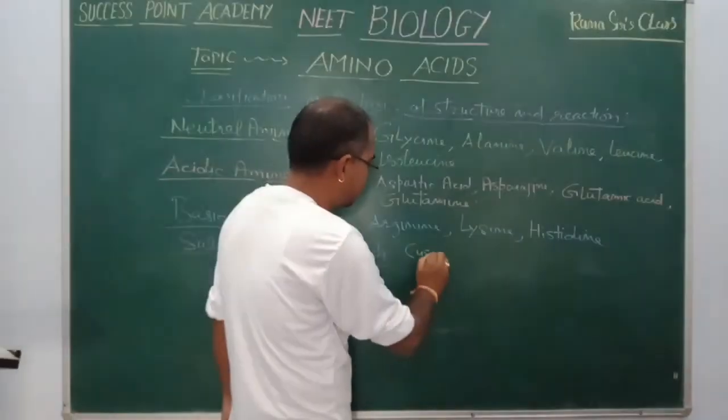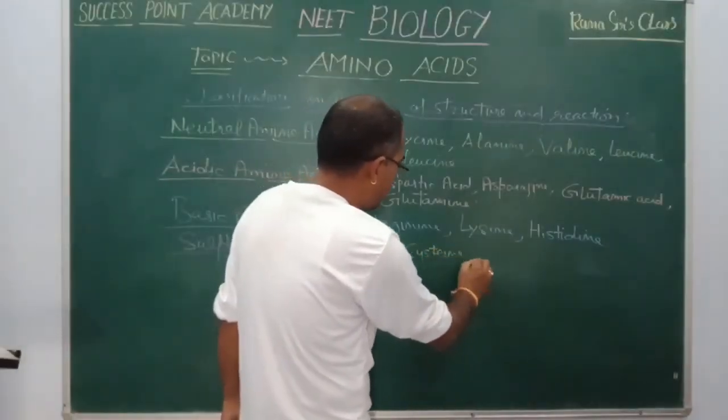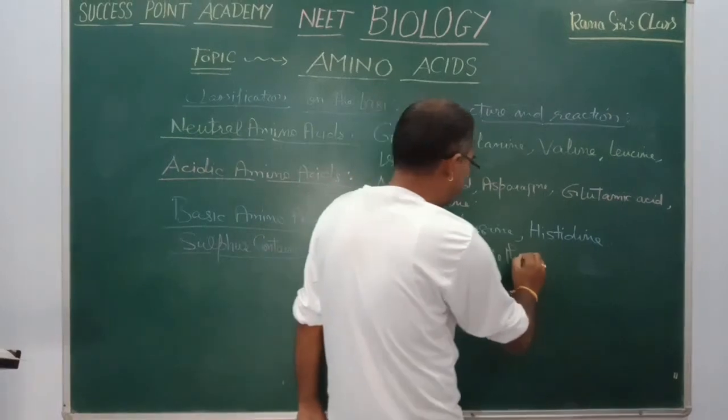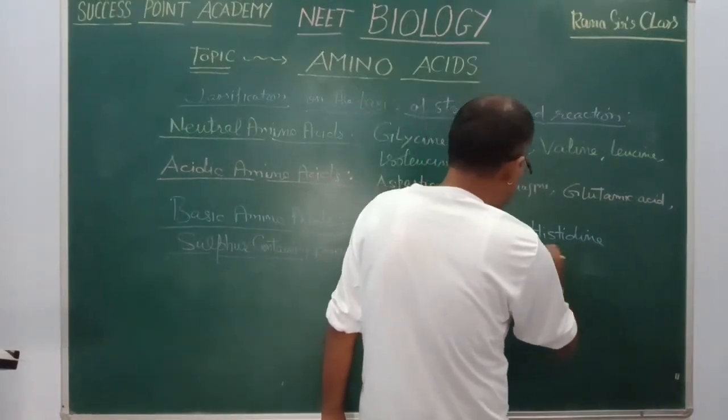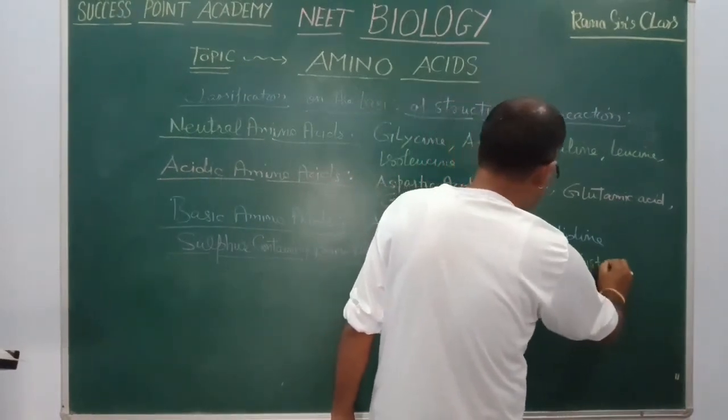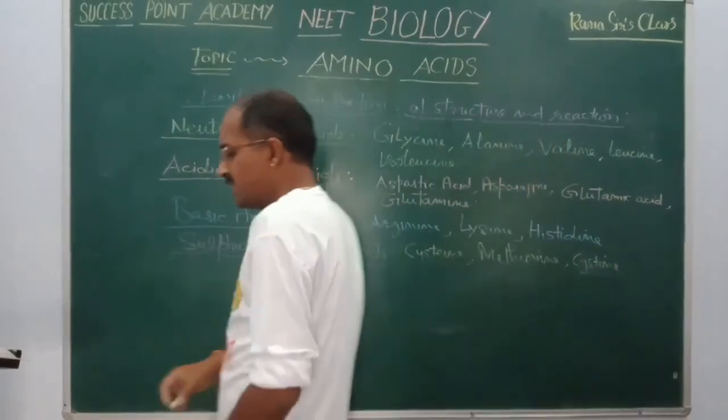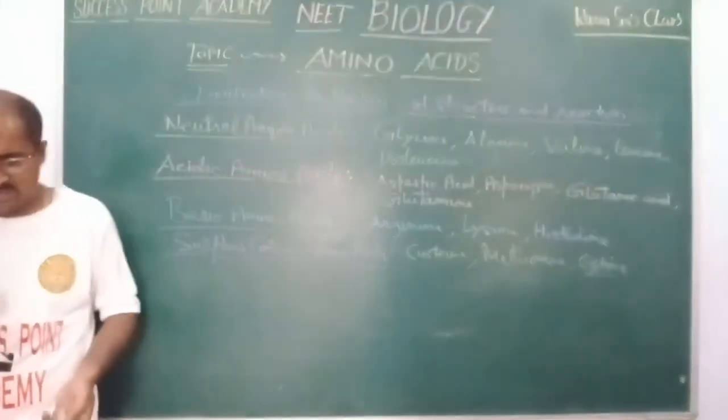Cysteine and methionine. These are the examples of sulfur containing amino acids.